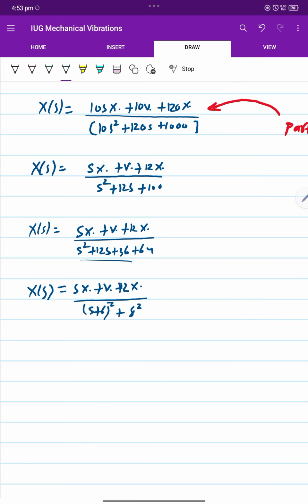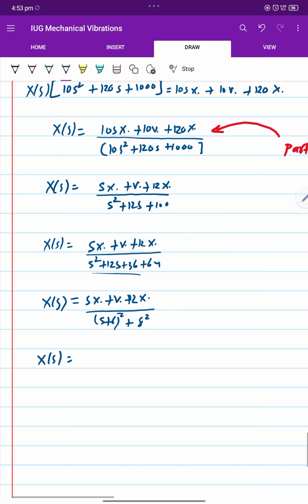So we just use a simple fraction of this complex polynomial equation. And you can do the simplification on the numerator as well. So it becomes x of s equals to s x naught plus 6 x naught. You can just divide this 12 into 6 and 6, plus 6 x naught plus v naught, divided by s plus 6 square plus 8 square.